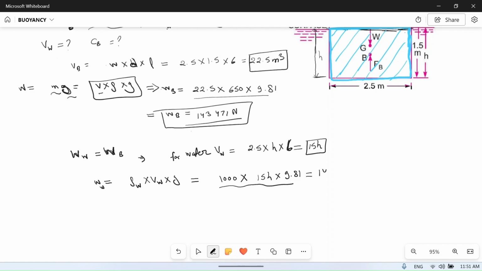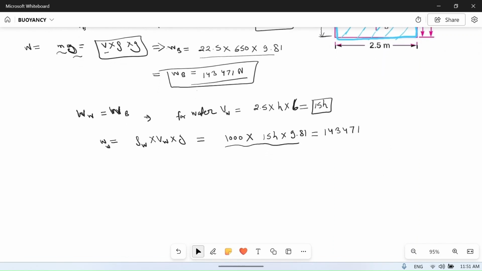So we have already calculated 143,471. Okay, so from here we can calculate h is equal to 143,471 divided by 9810 into 15, because it is 15h.